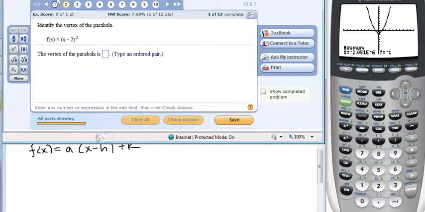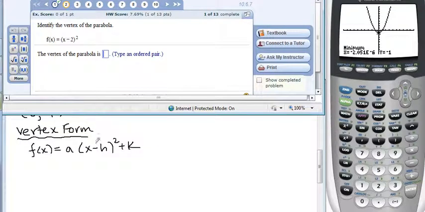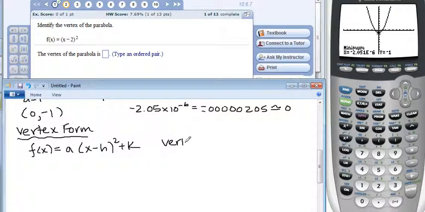All right. So if that is in vertex form, my vertex here is h, k. Okay, it's whatever this is and whatever that is. That makes it really easy. So if I have f of x is equal to, and I'm going to try to match this, okay?